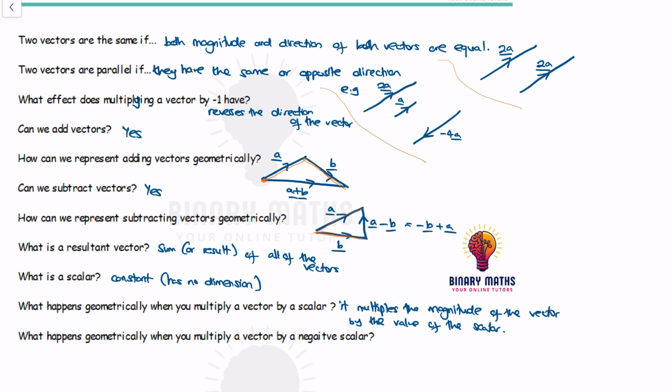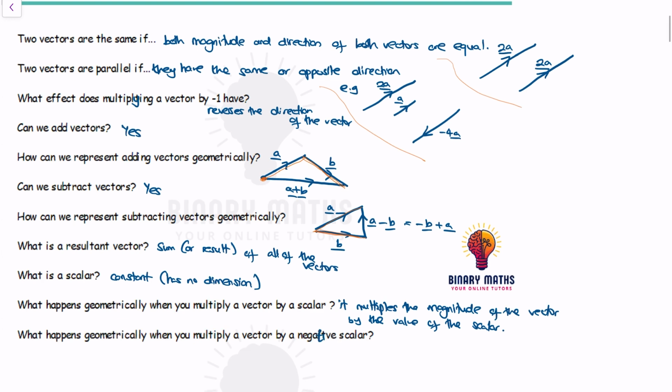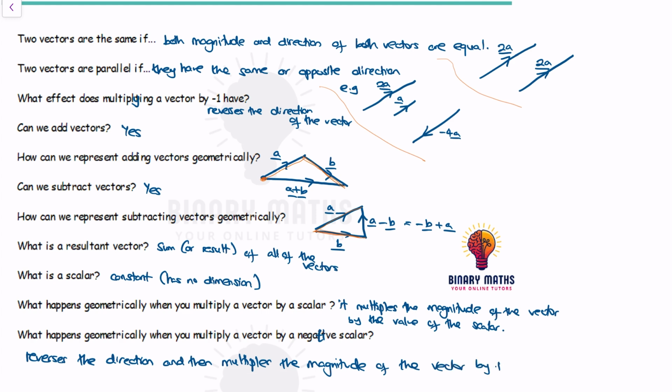Last but not least, what happens geometrically when you multiply a vector by a negative scalar? Because it's negative, it reverses the direction and then multiplies the magnitude of the vector by the value of the scalar.